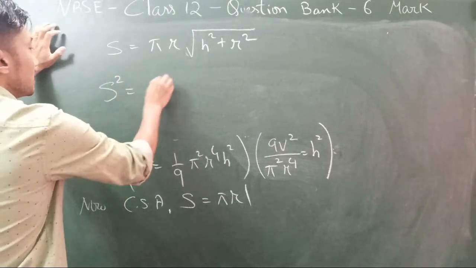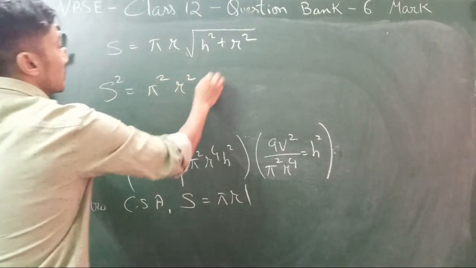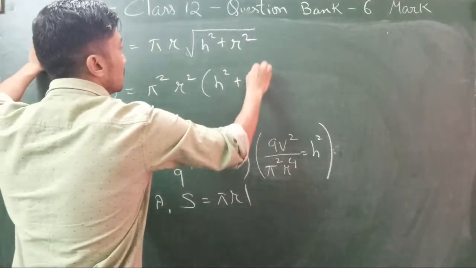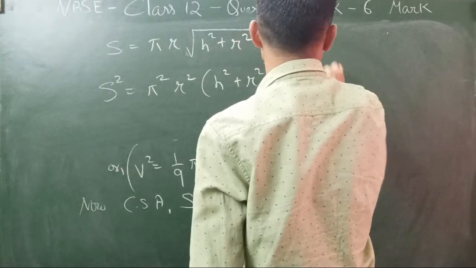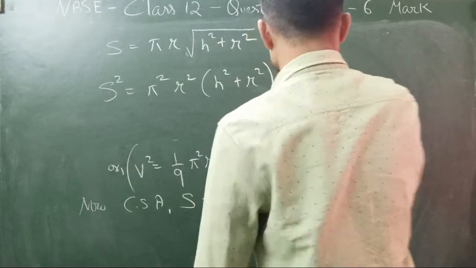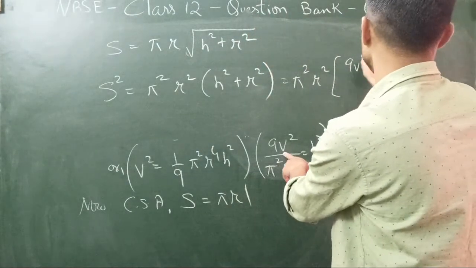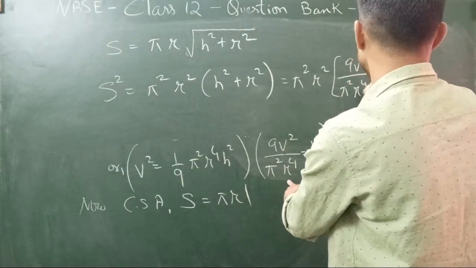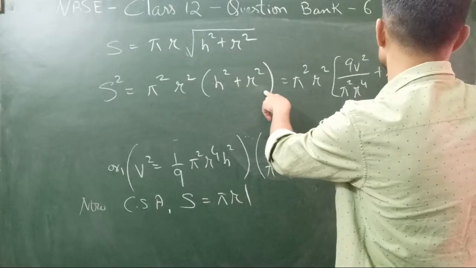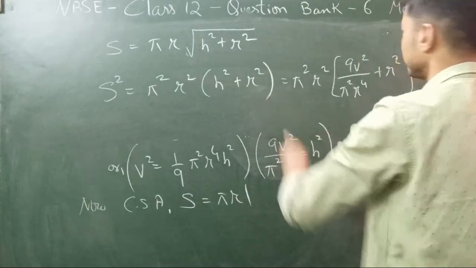Squaring both sides, R square, H square plus R square. So now here, pi square R square, so that's why the value of H square will be required here. We will keep on using these two equations. Pi square R power 4 plus R square.